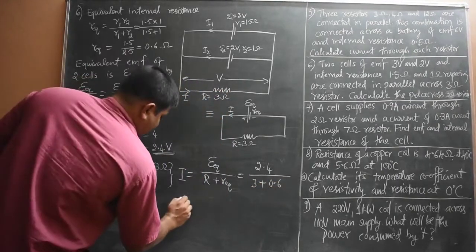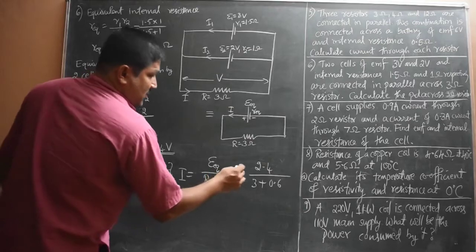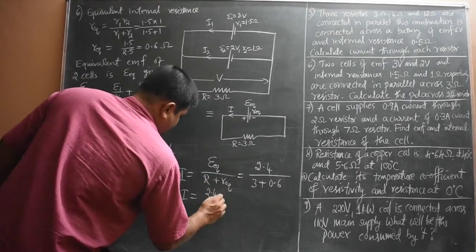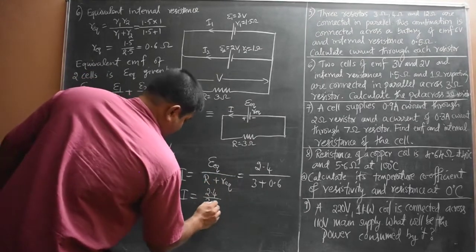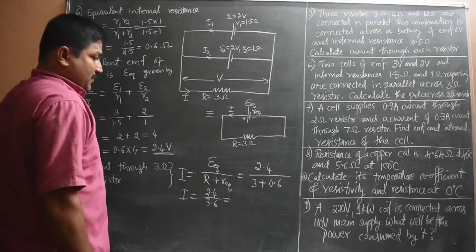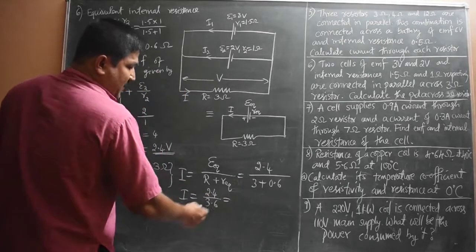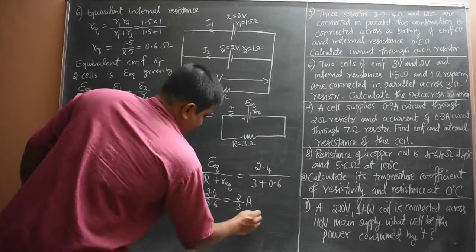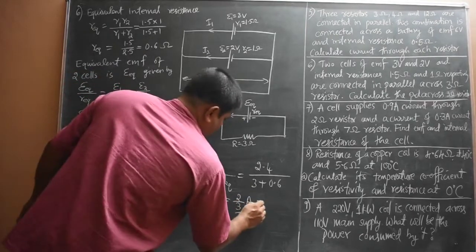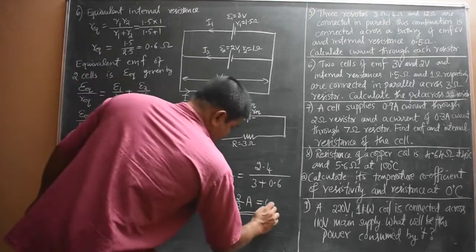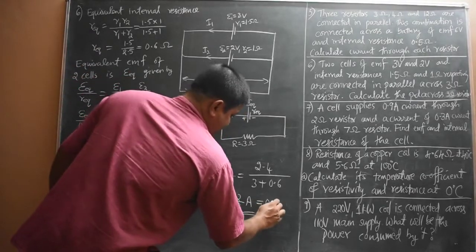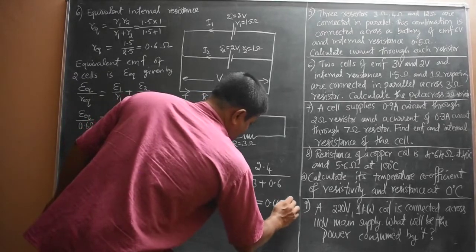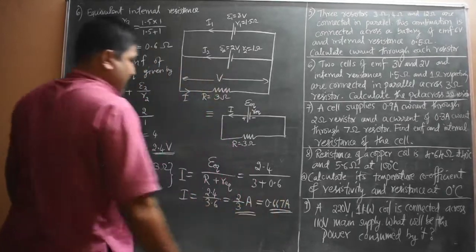So now I equal to 2.4 divided by 3.6, that is equal to 2 by 3. 24 by 36 is 2 by 3 ampere. So this is the current. If you want a decimal value, we can round off to two significant figures. Actually it comes 0.6666, so 0.667 ampere I can write.